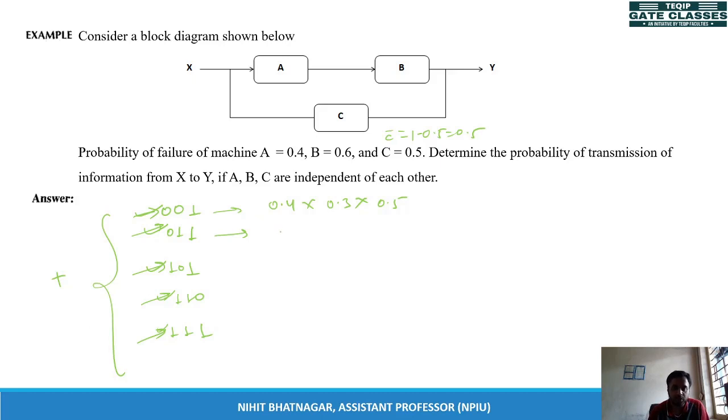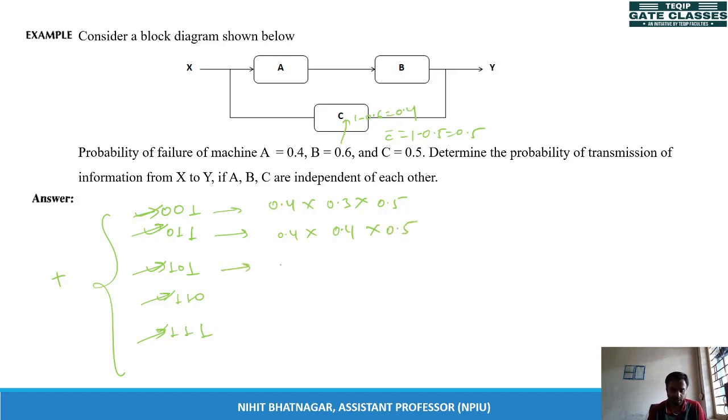So the probability of 0 1 1 is 0.4 multiplied by 0.4. Here 0.4 is because of the success of machine B. That's why 1 minus 0.6 equals 0.4, into 0.5.